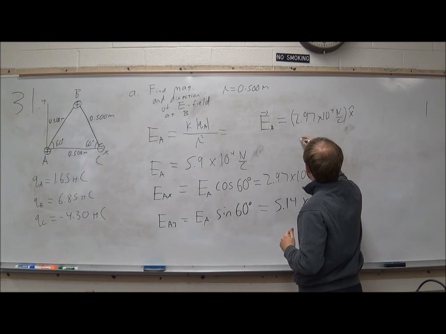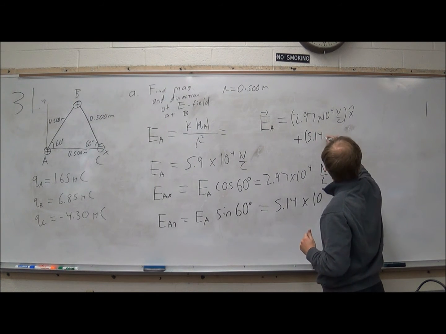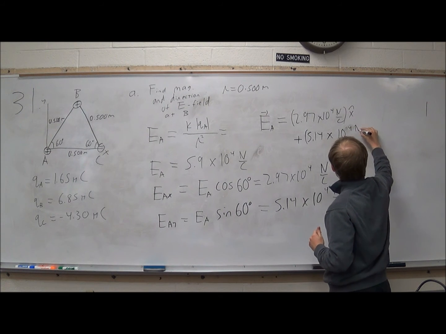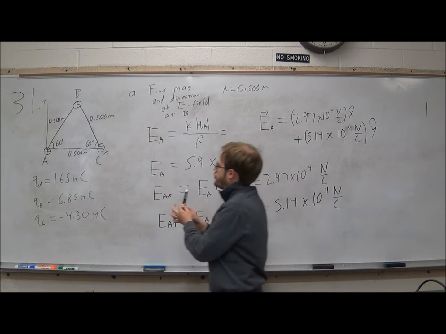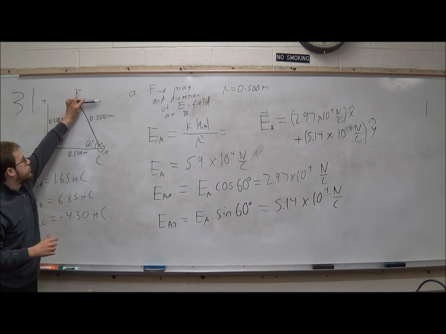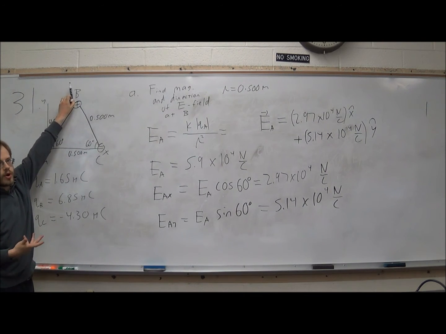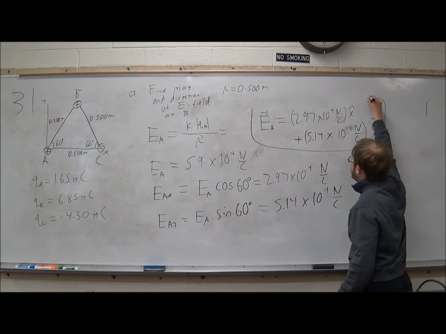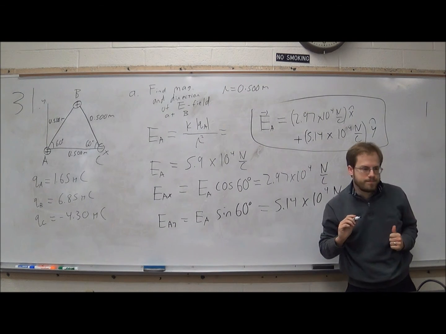Plus 5.14 times 10 to the fourth power newtons per coulomb, y hat. That makes sense because the x component is in the positive x direction, so it should be positive. Y component, positive y direction, everything's positive. So that is the electric field from A at point B.